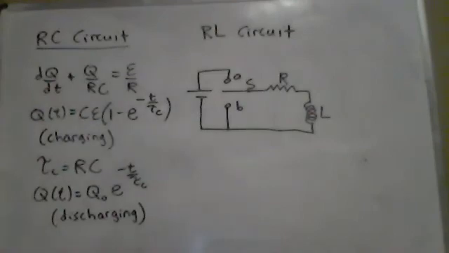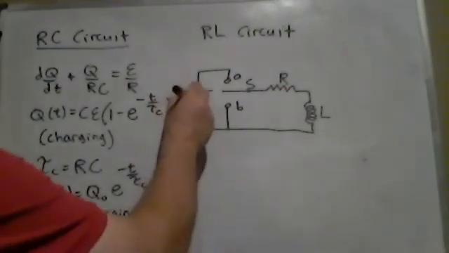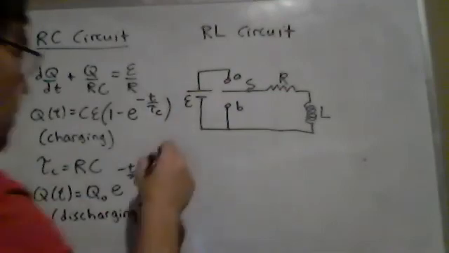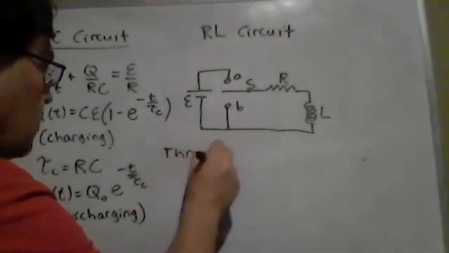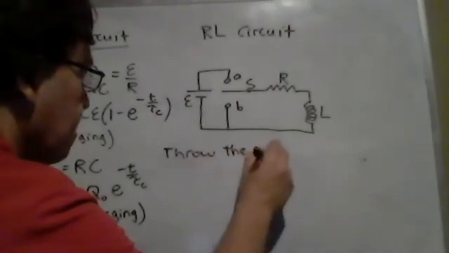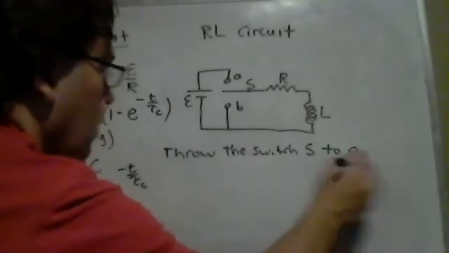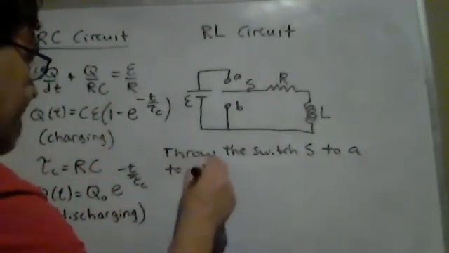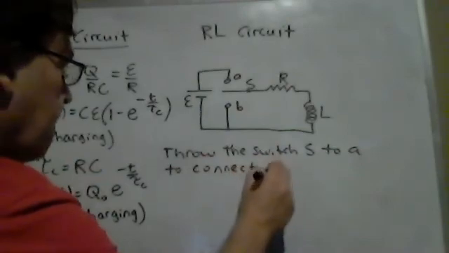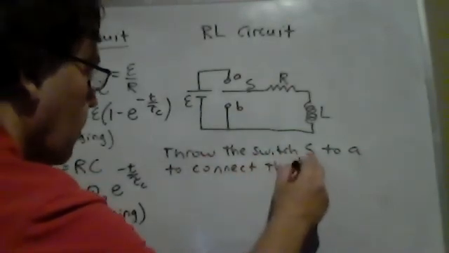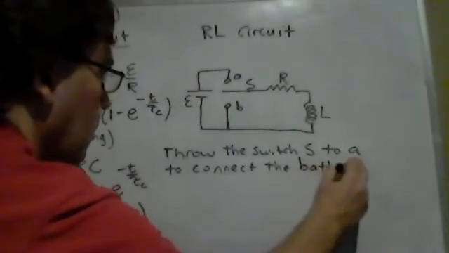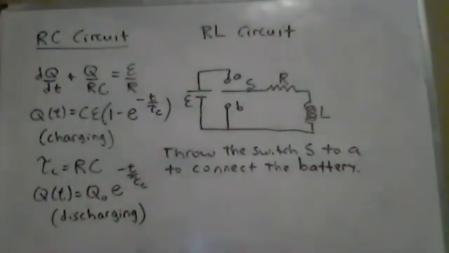If I throw my switch to A, I have now connected the battery. Okay, so I throw the switch to A to connect the battery. And let's walk the current.